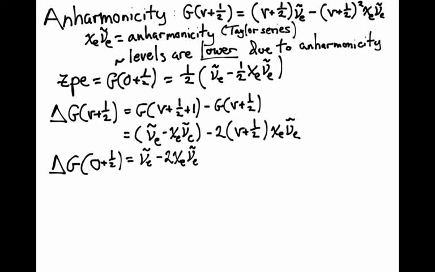And that nu e, by the way, comes from the curvature, the second derivative of the potential, right at the bottom, at the minimum, where the second derivative is the only important derivative. So the curvature right down there at the bottom.